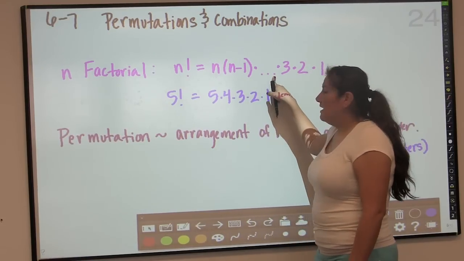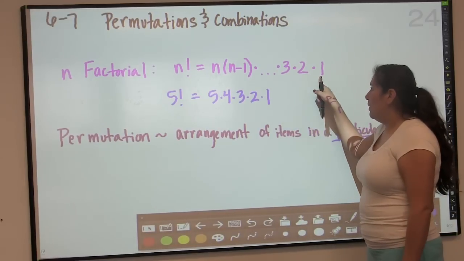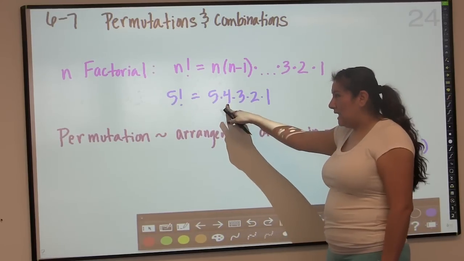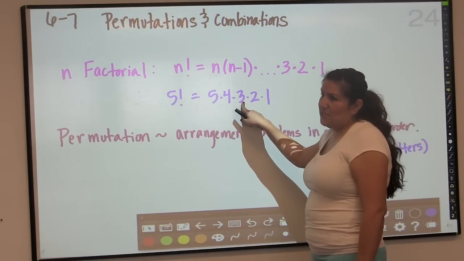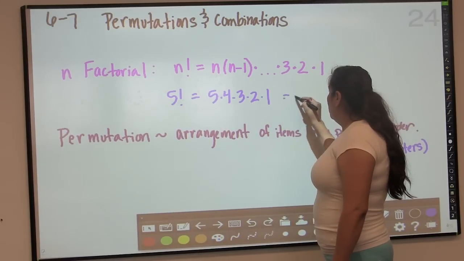The dot, dot, dot is telling you that you're going to keep doing this pattern until you get to the 3, 2, 1 when you're done. So we go 5 times 4 is 20, 20 times 3 is 60, 60 times 2 is 120, and 120 times 1 is 120.